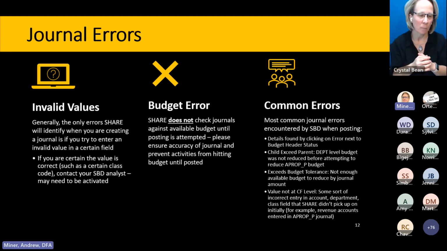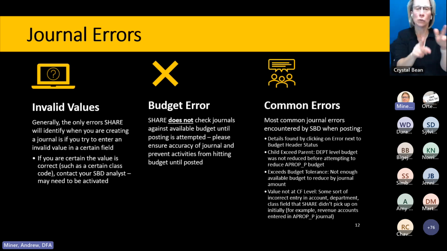Another annoying thing about Share that I talked about a little while ago is that a lot of these errors, it doesn't catch until we try to post them. But one that it will identify when you are creating a journal is the one on the left there, invalid values. So if you try to put in something that's not recognized, which basically means if you search for it with the magnifying glass function and it's not found, then it will show us an invalid value, right?